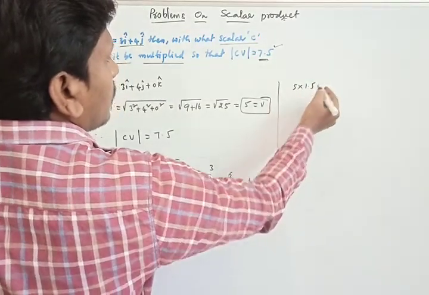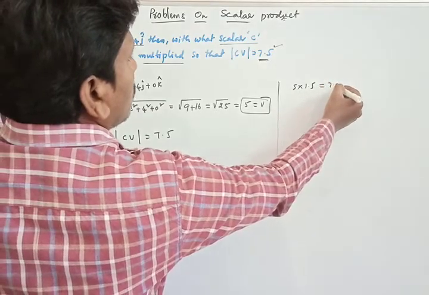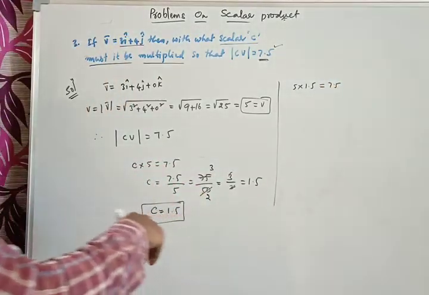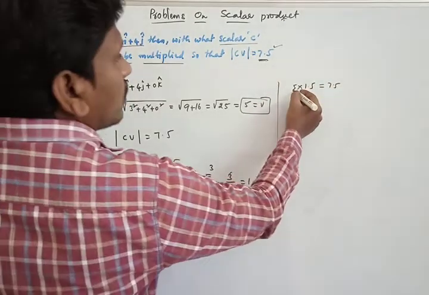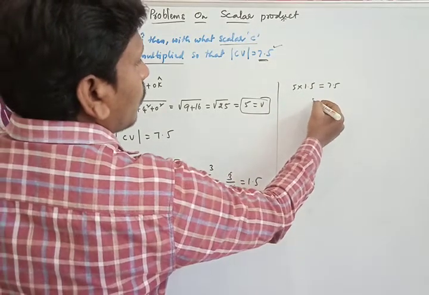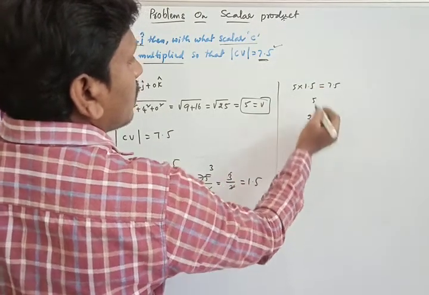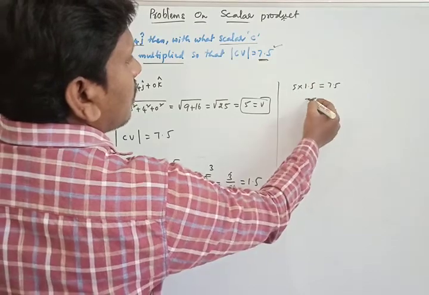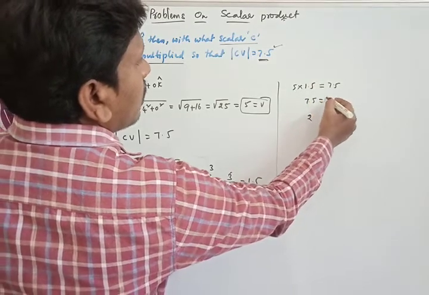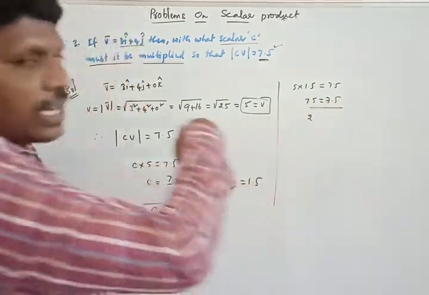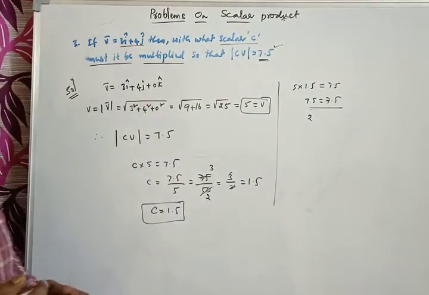So that must be equal to 7.5. 5 times 5 is 25, 5 times 1 is 5, and this is 7.5. Yes, it is the correct answer. So C is equal to 1.5.